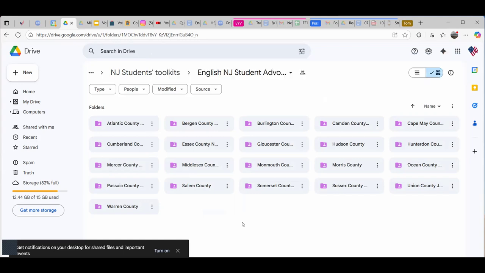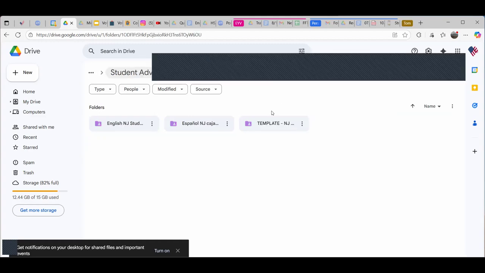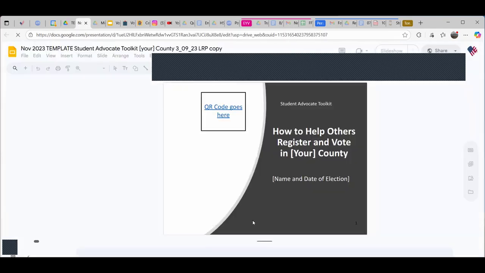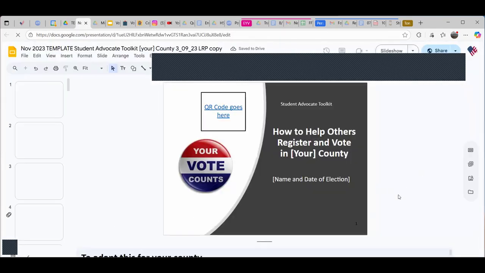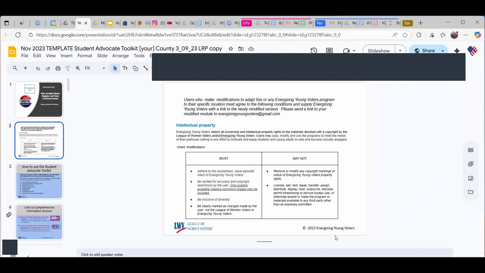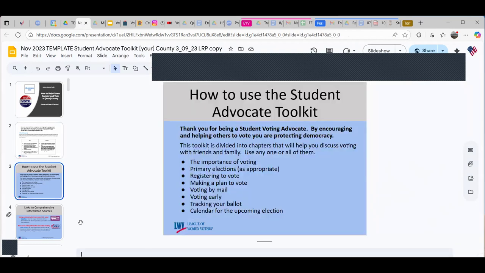The county gets to pick their own. So we've adapted it for every single county. Oh, and also there is a template here, so that if you're in New Jersey and you want to make it your own, all you need to do is go to each one of the pages and you can see what needs to be fixed.